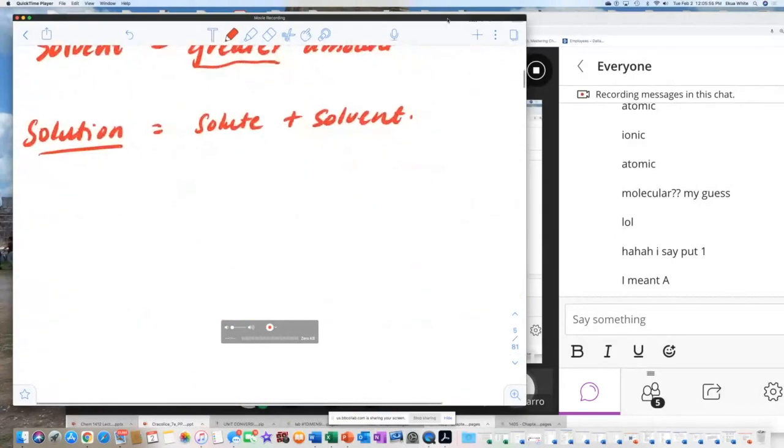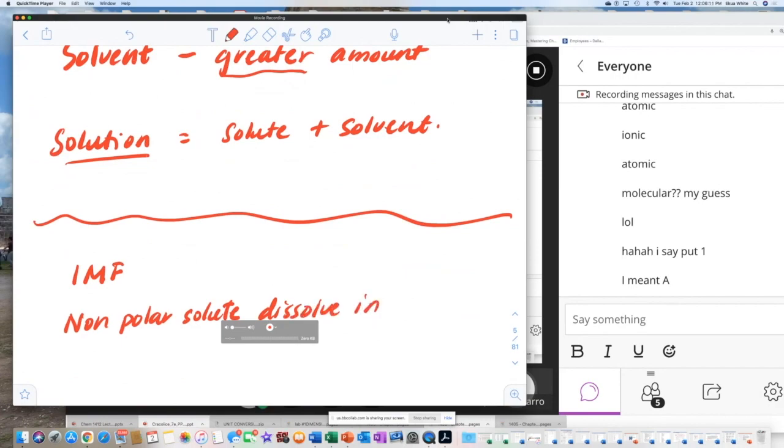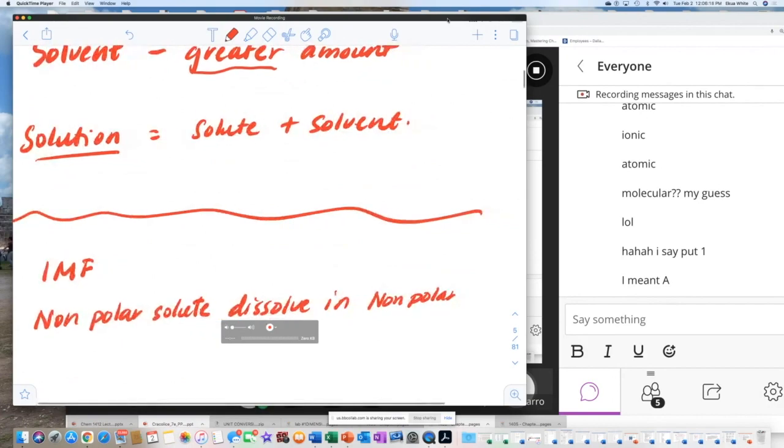Okay, so we learned in the previous chapter for intermolecular forces, if you have a nonpolar solute, this tends to dissolve in nonpolar solvent.